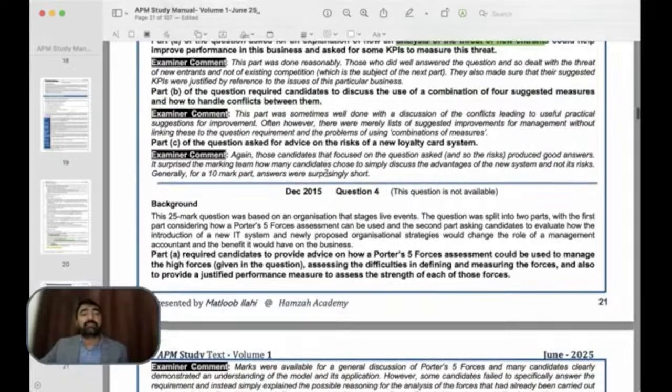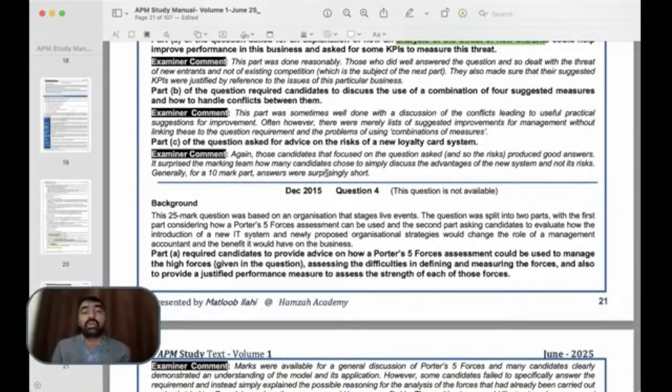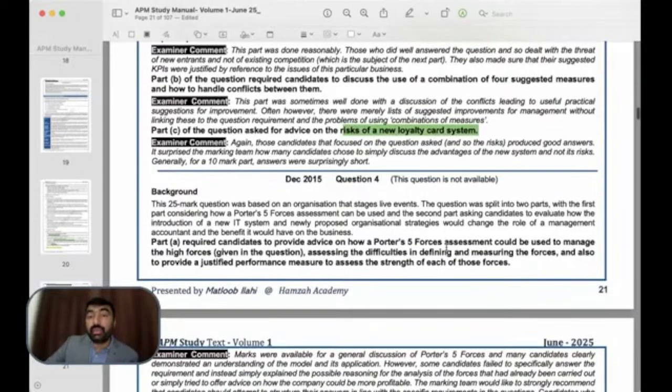Okay. Next, part C asked for advice on the risk of a new loyalty card system. The business is planning to introduce a new loyalty card system, and what could be the risks of new loyalty card system introduction. My dear, this type of questions would be challenging. Okay, so you need to try, you need to think about, because simple theory would not work.